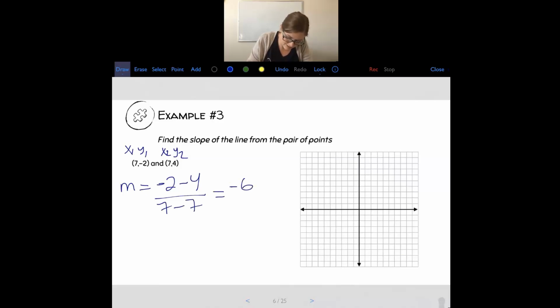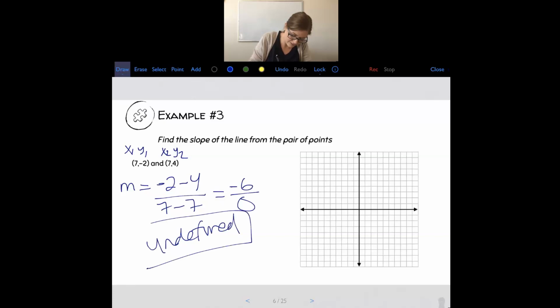This gives us negative 6 over 0. Any number divided by 0 is an undefined slope. If you plot the points (7, -2) and (7, 4), you can see that this is a vertical line, and vertical lines have undefined slope.